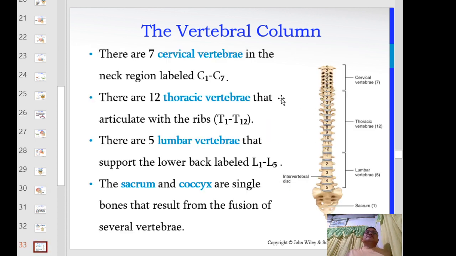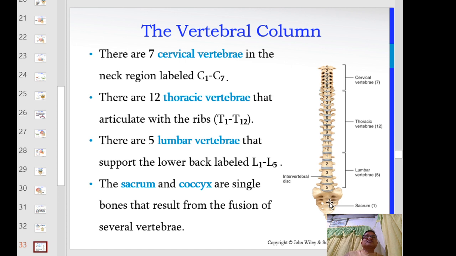So your vertebral column starts at the base of your skull down to the tailbone. It is divided into regions: cervical, thoracic, lumbar, sacrum and coccyx. You have 7 cervical vertebrae, then 12 thoracic, which correspond also to your 12 ribs, and 5 lumbar vertebrae.